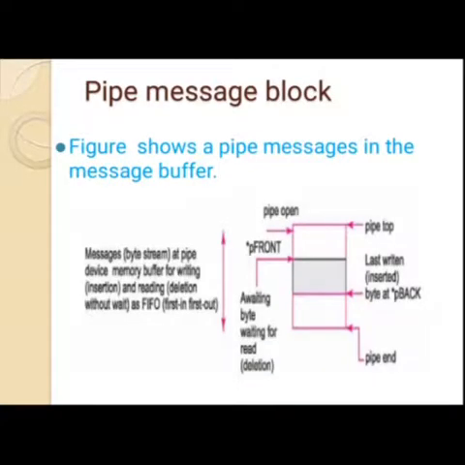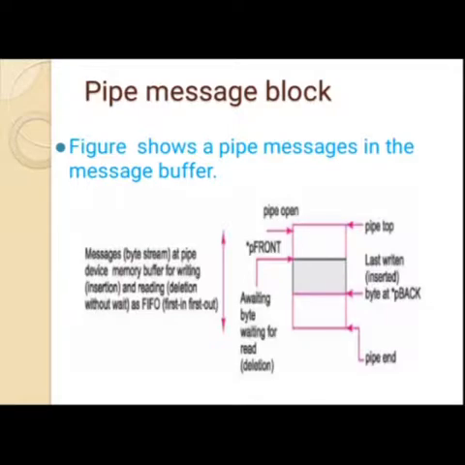This figure shows a pipe message in the message buffer. Here you can see pipe open and pipe end. Pipe open is the top point and pipe end is the bottom end. You can see the pointers P front and P back.